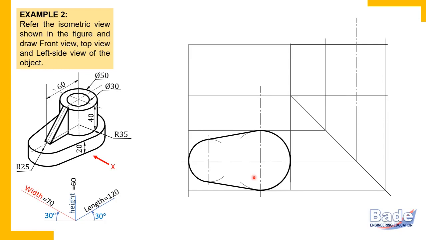For example, if it is a cylinder, then we place that cylinder in such a way that its circular surface is parallel to one of the three reference planes. That flat circular surface of the cylinder is either parallel to HP, or parallel to VP, or parallel to PP.